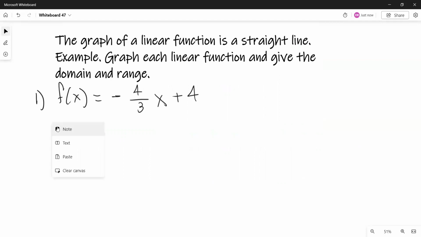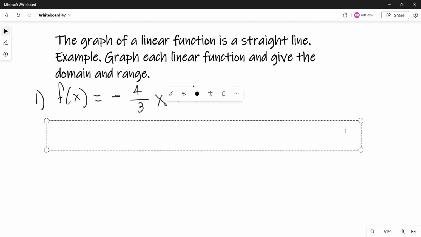So we're going to plot 3 points. We're going to plot the x-intercept, the y-intercept, and a checkpoint. So usually when you graph a straight line, you only need 2 points. And the intercepts are good 2 points to start with. But if for some reason the intercept is a fraction, we try to avoid those.